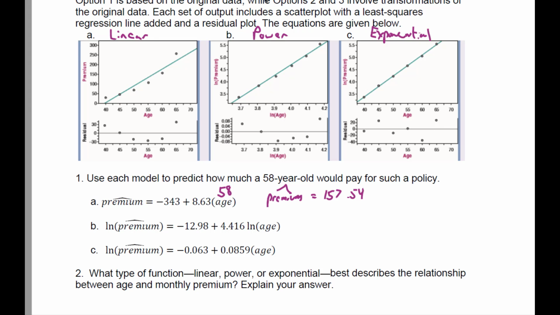Now, if we do a power pattern on this setup, let's see what this premium would be. We're going to put a 58 in for the age. Let's see what value we get when we take negative 12.98 and add 4.416 times the natural log of 58.